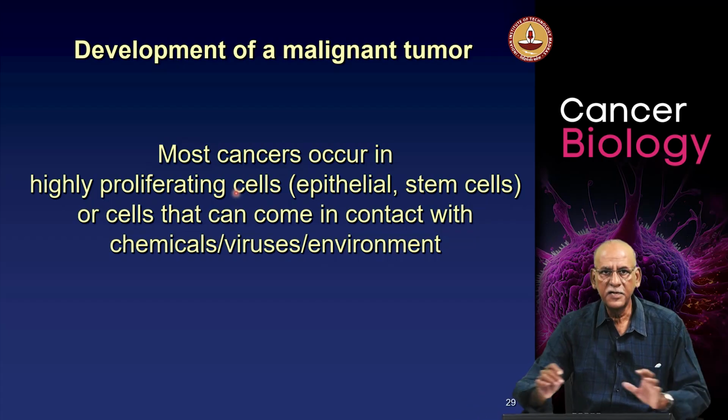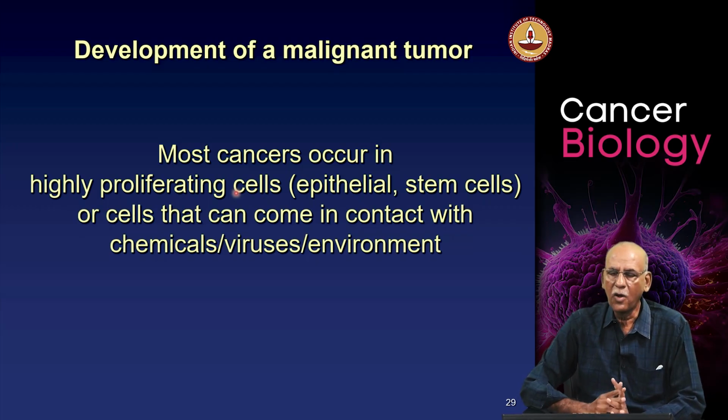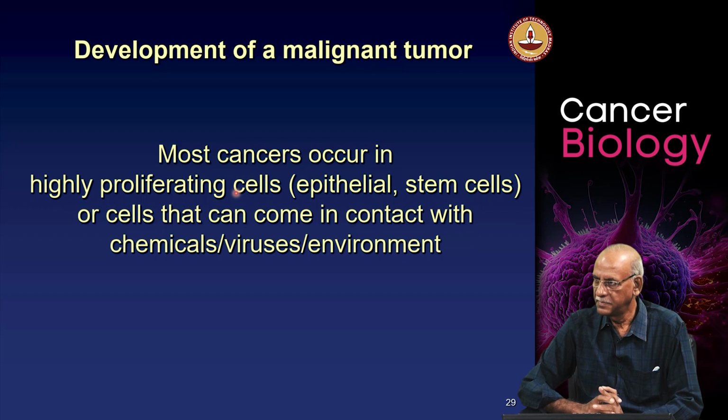The other interesting feature of cancer cells is most cancers occur in highly proliferating cells. You know, when you are walking and you are struck with a stone, you may slightly tumble, you may even fall down, but you may not have a big damage.